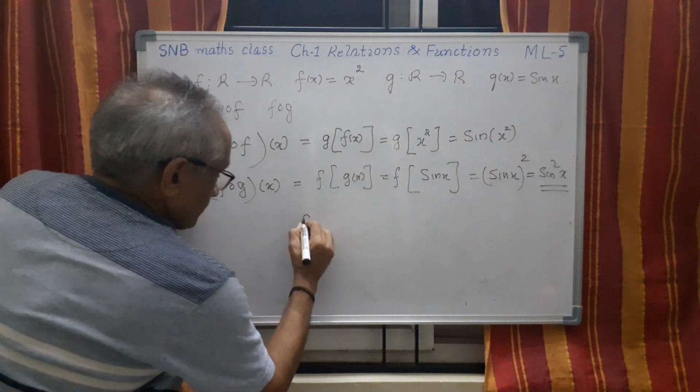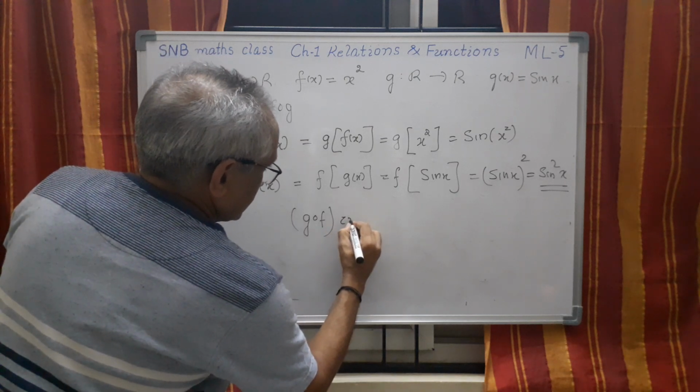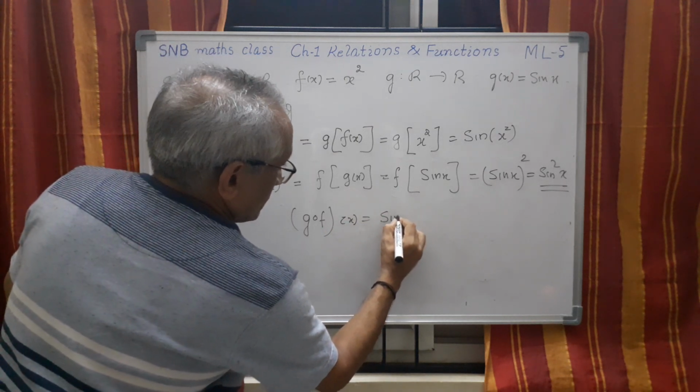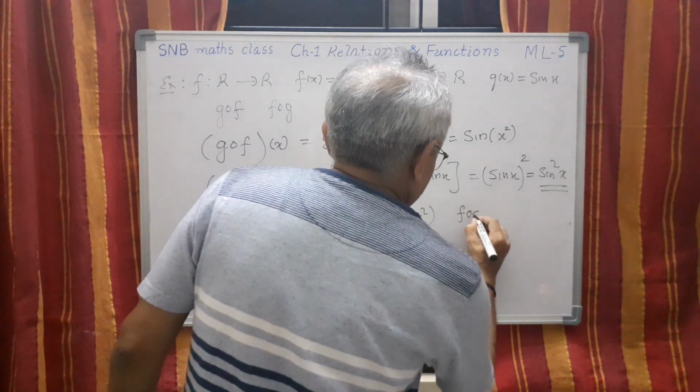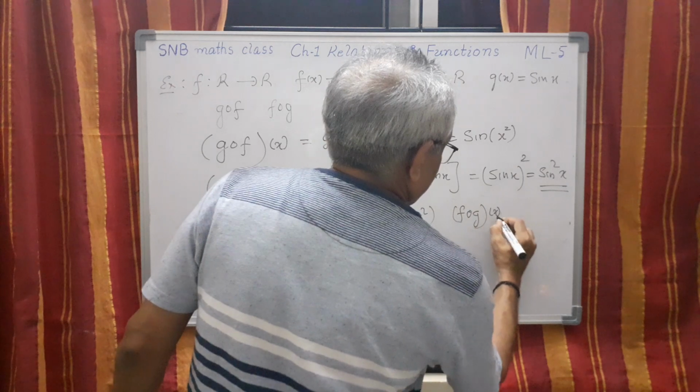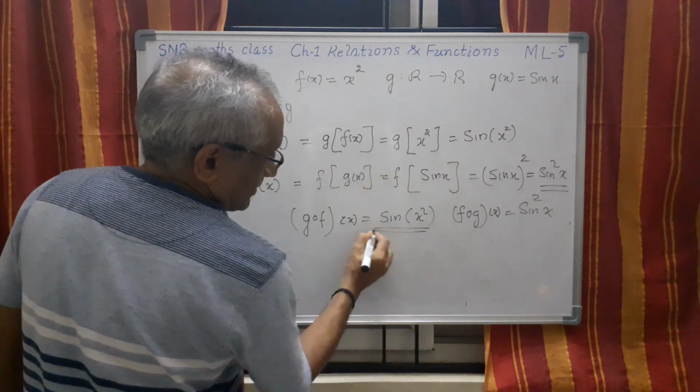Now you can see one interesting result here. g of f of x is sin of x square, whereas f of g of x is sin square x. So these two are not the same.